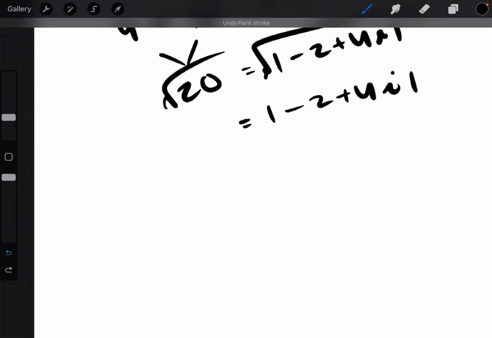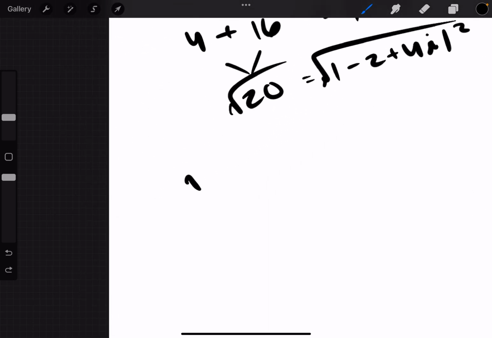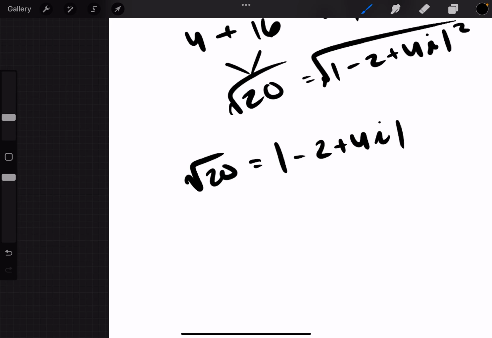Let me rewrite this so it has more space. Radical 20 equals the absolute value of -2 plus 4i, just by itself. We could leave our answer like this, but I'd rather simplify it.